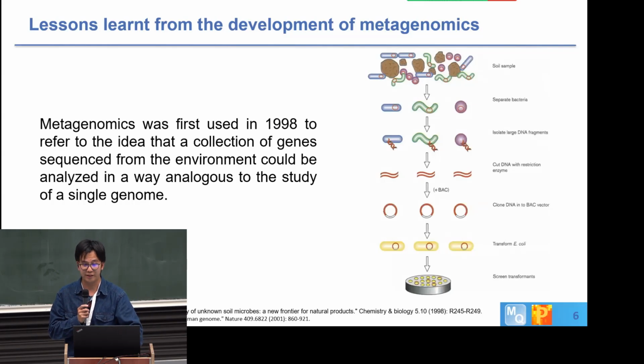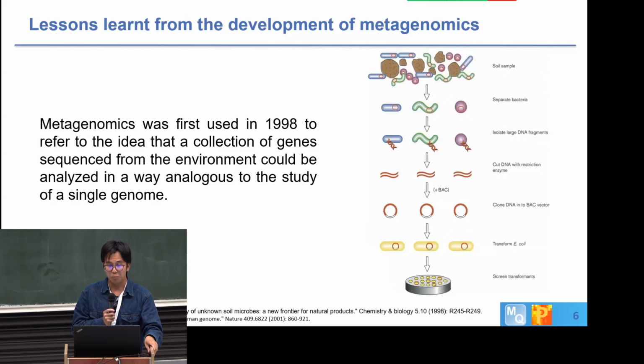They thought we can just remove, in this case, soil, some big particles that don't belong to the microorganisms. They just separate all the bacteria, and I don't care who they are. I just extract all the DNA from them, and I sequence all of it, and I treat it as a whole genome and do some downstream analysis afterwards to distinguish who they are and what they can do.